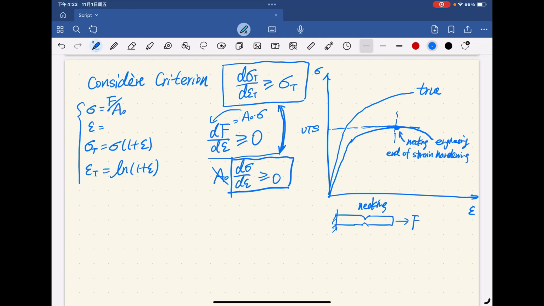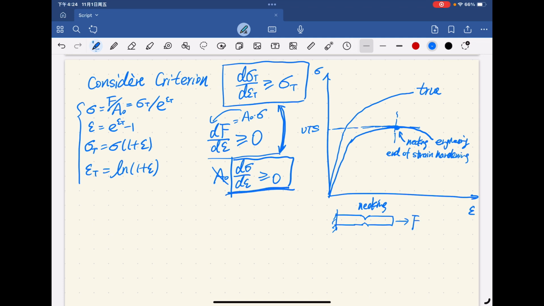So first of all, let's derive these expressions first for further improvement. This equals E to the epsilon t minus 1. Yes, and then sigma equals sigma t divided by E to the epsilon t.